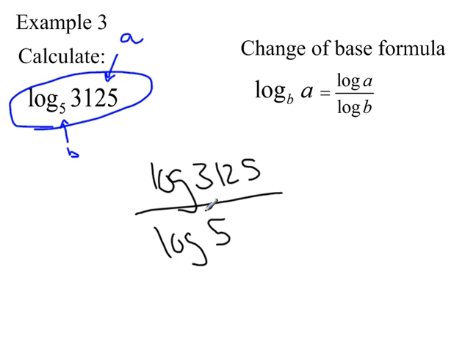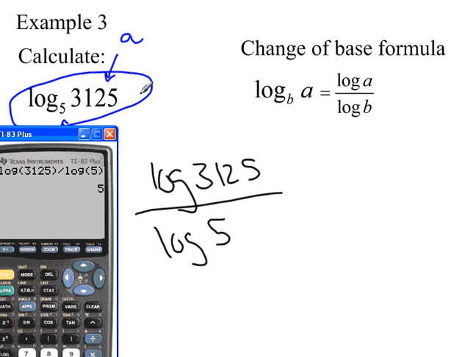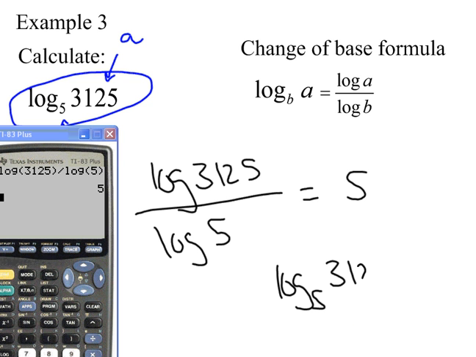And this is something your calculator can do, because the calculator can work in log base 10. So it's log 3125 over log 5, and this is equal to 5. So log base 5 of 3125 is equal to 5.